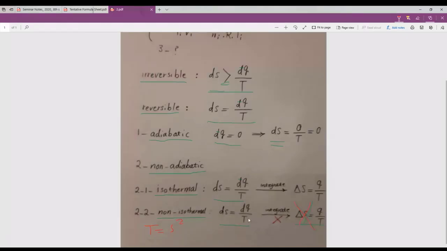In this case, T is given based on the entropy of the system, so you can replace T by S squared, bring T to this side, integrate this side and the other side, and then find something for the change in the entropy of the system. But when there is no information about how T changes with Q or entropy, then you can't really integrate it, so you can't use it in this case.